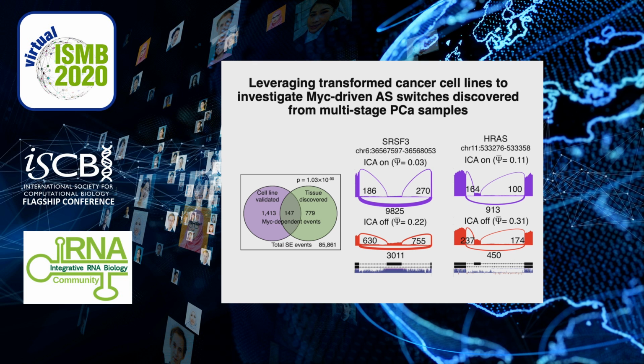For HRAS, the stop codon leads to a truncated isoform, named p19, which can act as a suppressor of tumor growth. For SRSF3, the stop codon acts as a premature termination codon, or PTC. So the inclusion of this poison exon would result in nonsense-mediated decay, leading to a decrease of the corresponding protein level.